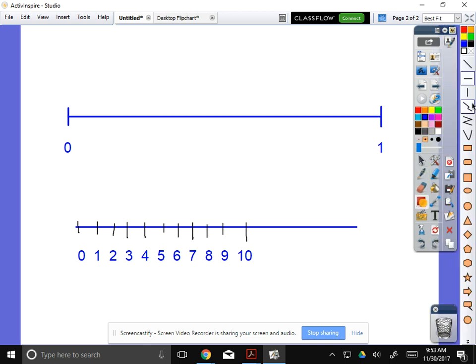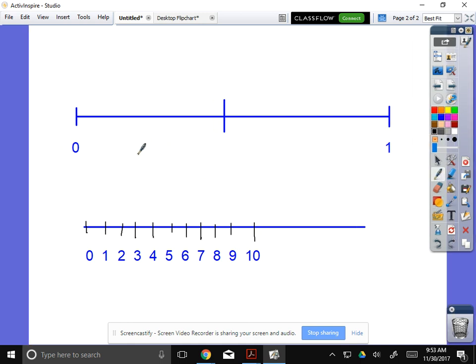So, if I have a number line between 0 and 1, and I have one spot here, I need to think about it. If you think of it as a candy bar, how many pieces has this candy bar been cut into? The answer, of course, is here's one chunk, and here's a second chunk.